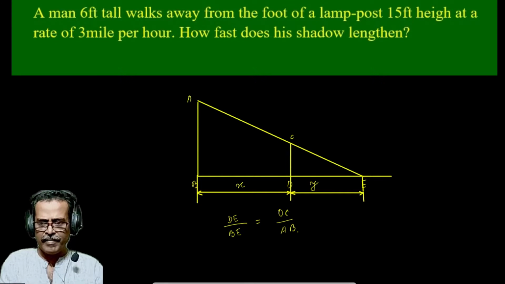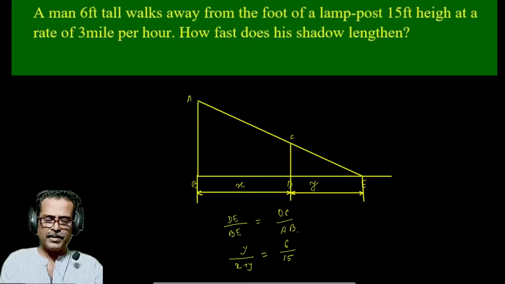DE is equal to y only, and BE is equal to x plus y, is equal to DC, that is the height of the man, 6 feet, over 15 feet.